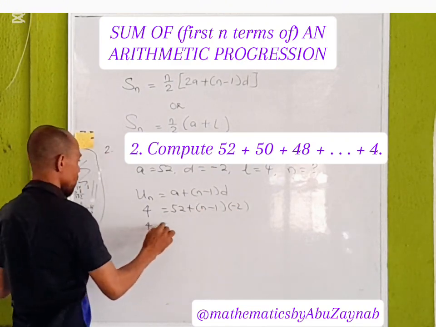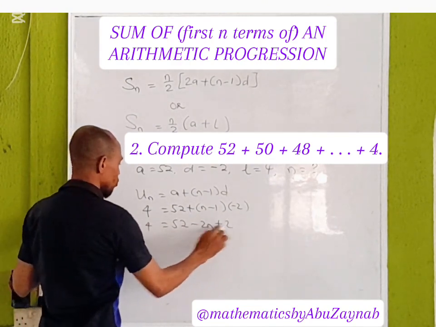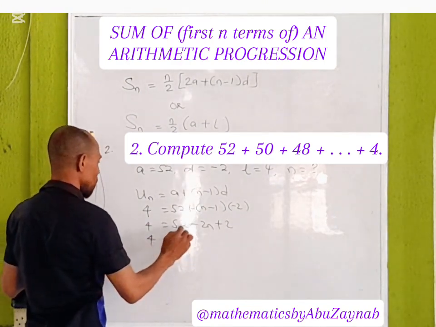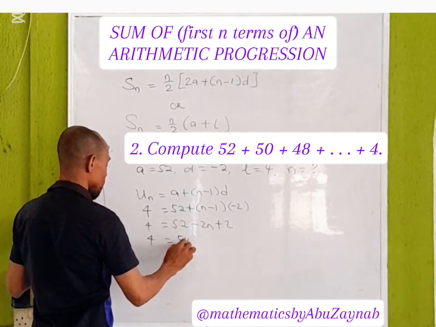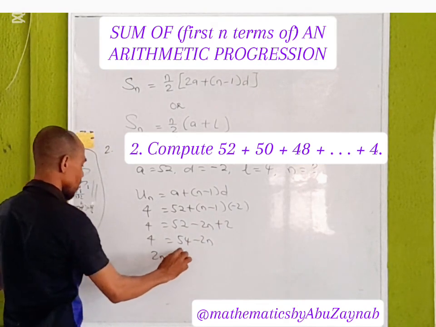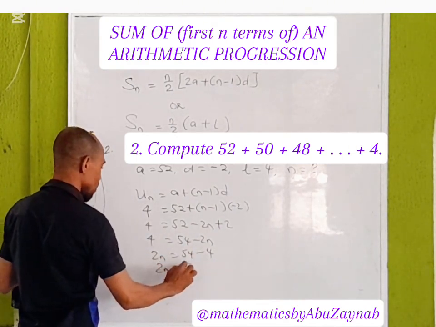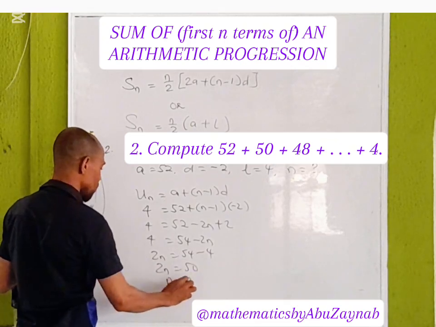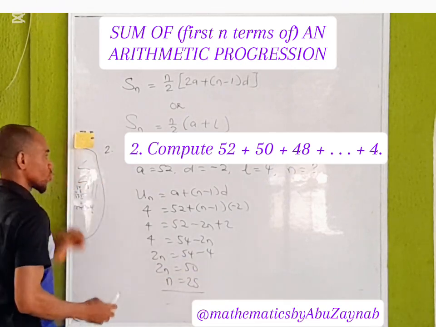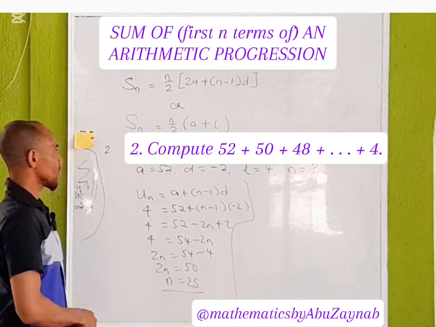So 4 equals 52 minus 2n plus 2, so 4 equals 54 minus 2n. Collecting terms, 2n is 54 minus 4, so 2n is 50, making n equal to 25.